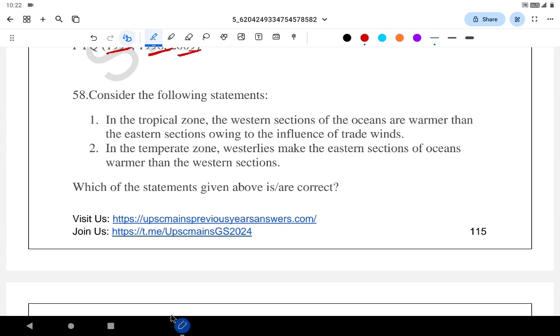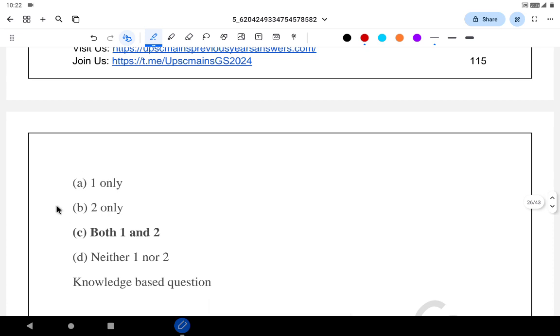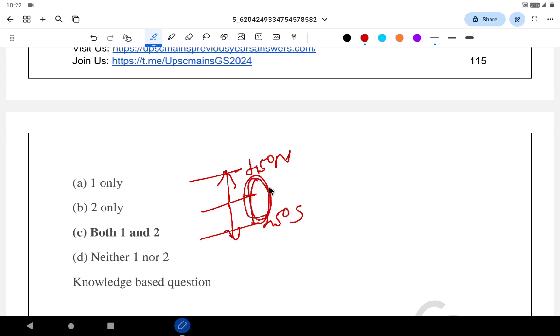See, both of these are facts, but these are concepts. You can find these concepts in the NCERT or the GC Leong. Both of the statements are correct. Usually, the ocean water temperature decreases towards the poles because between 45 degrees north and 45 degrees south, the highest solar radiation is received in the zone that is called the tropical zone.